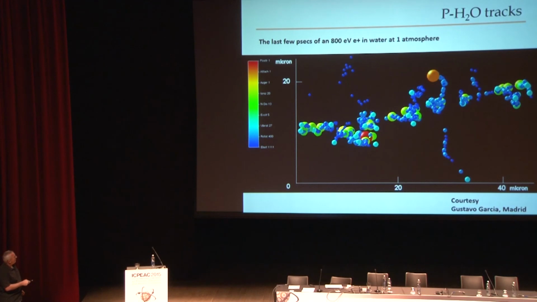So this is where the track ends for the positron. But the Auger electron goes off, ionizing, producing secondary electrons, and one of those secondary electrons actually causes a dissociation of the water molecule. So this is the sort of information that can tell us about damage that's taking place as a result of charged particle interactions in the medium.